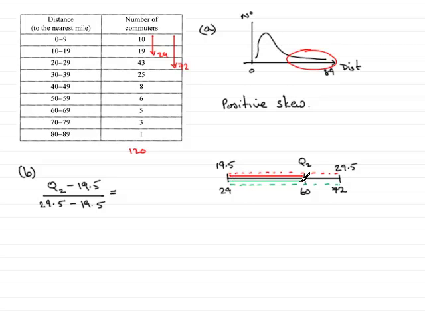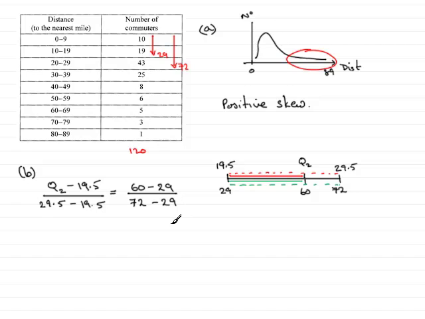So that will be the solid green interval, 60 minus 29, compared with the dotted green interval, that's 72 minus 29.